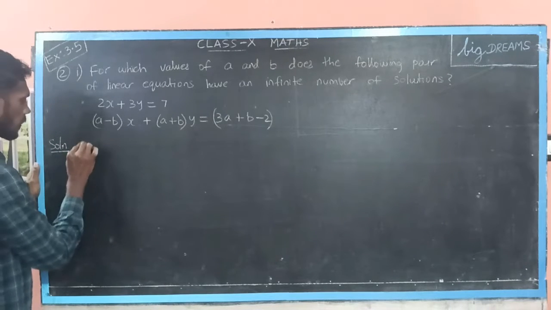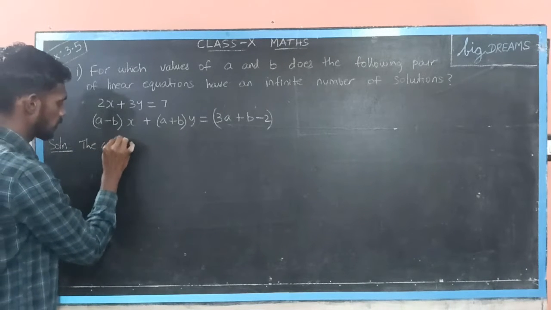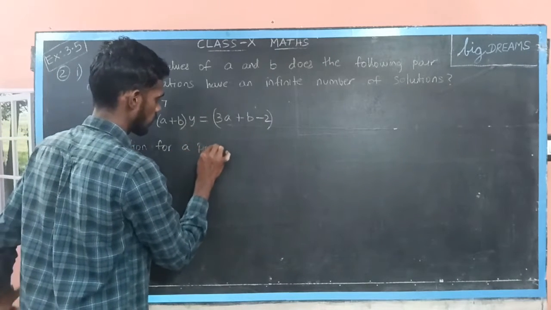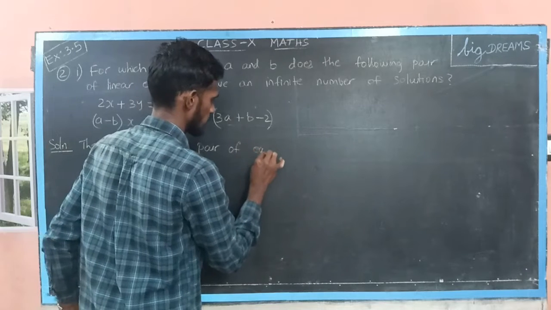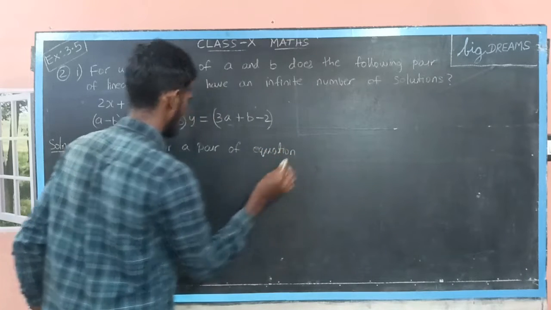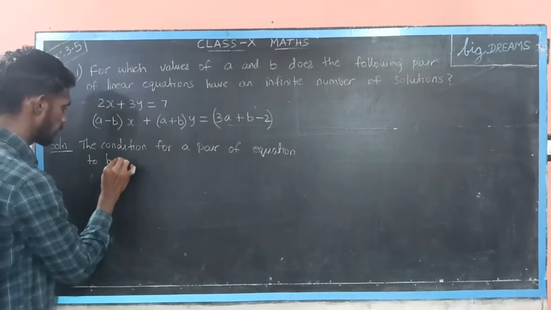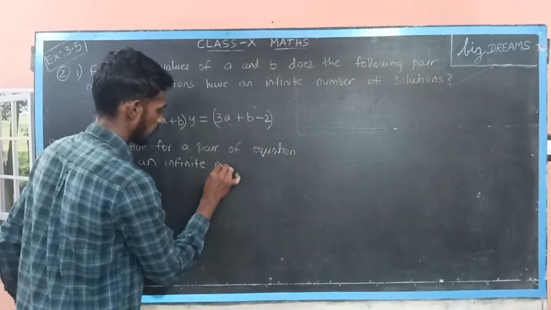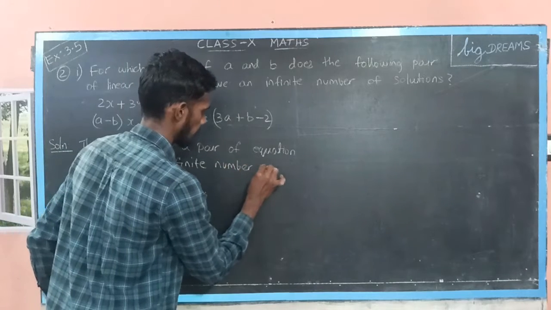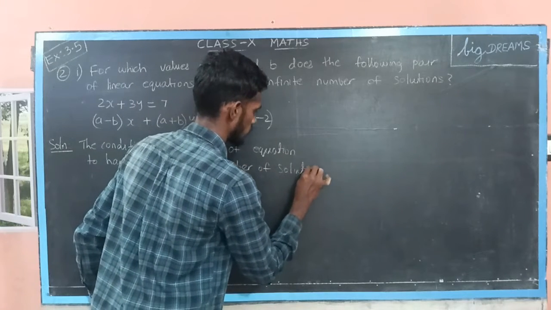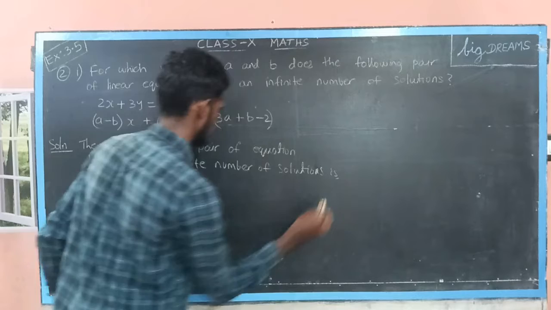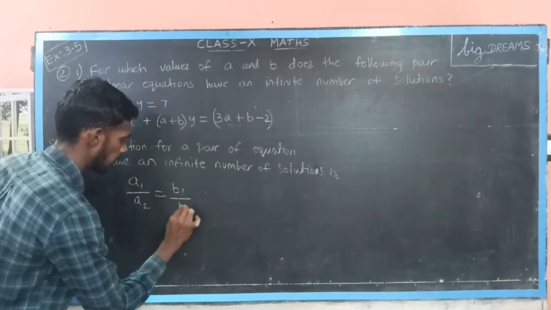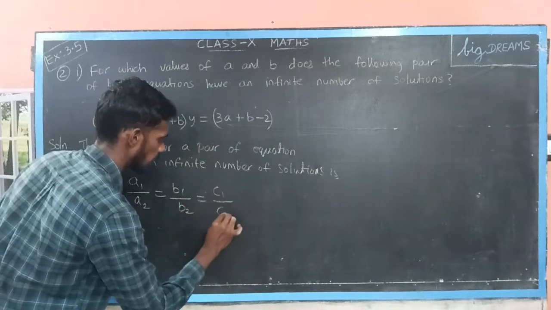The condition for a pair of equations to have an infinite number of solutions is a1 by a2 is equal to b1 by b2 is equal to c1 by c2.